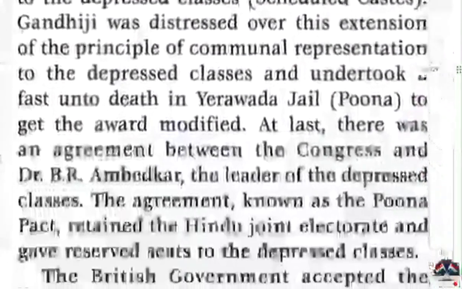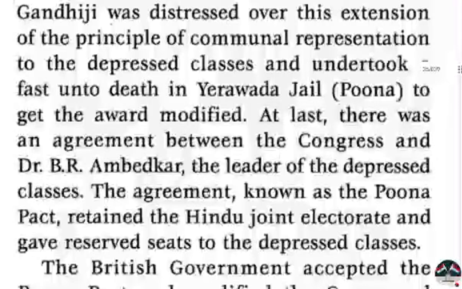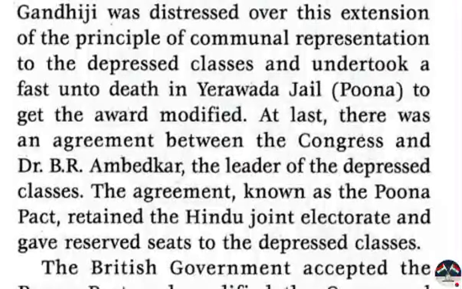Gandhiji was distressed over this extension of the principle of communal representation to the depressed classes and undertook a fast unto death in Yerwada jail, Pune, to get the award modified.